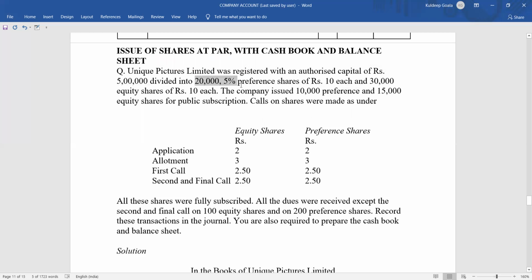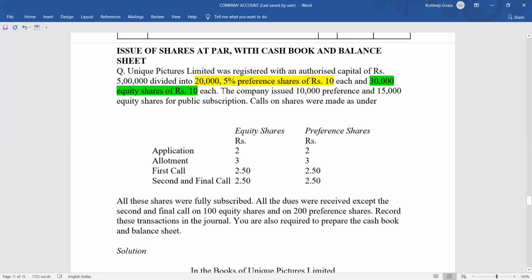One is 20,000 5% preference shares of rupees 10 each, and the other one is 30,000 equity shares of rupees 10 each.